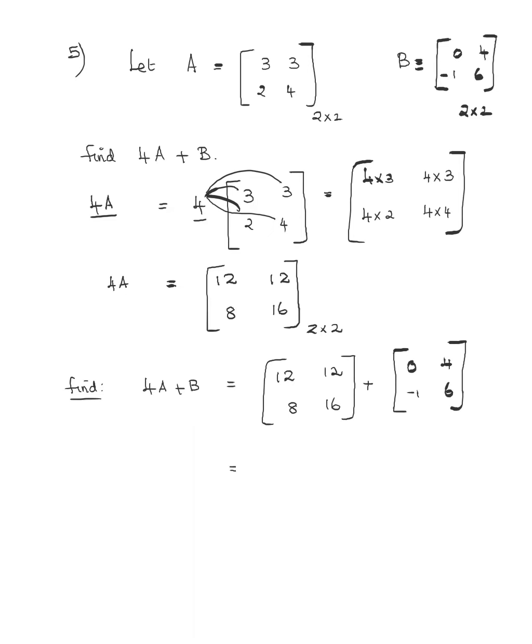So that is going to be 12 plus 0, 12 plus 4, 8 plus -1, 16 plus 6. So the answer is 12, 16, 7, and 22.